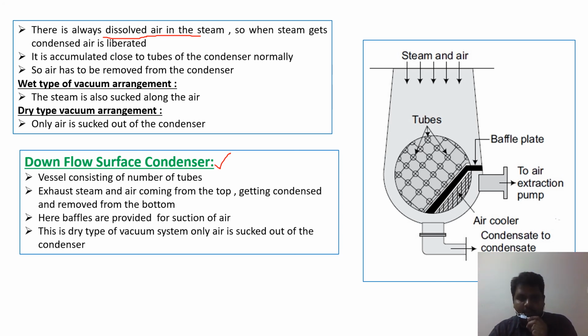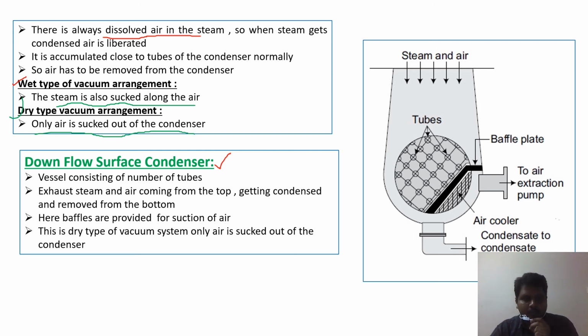For that there are two types, wet type vacuum arrangement and dry type vacuum arrangement. In wet type vacuum arrangement, the steam is also sucked along with air. In case of dry type vacuum arrangement, only air is sucked out of the condenser.